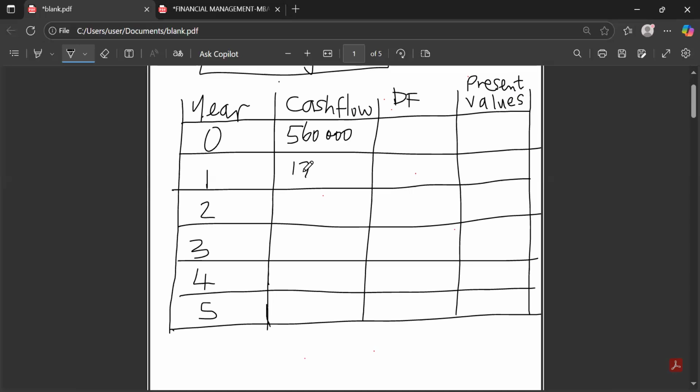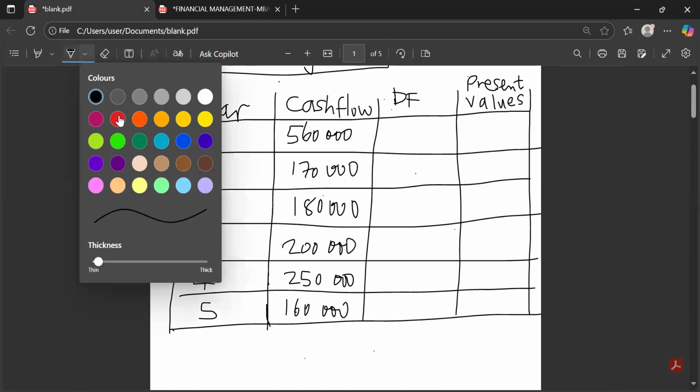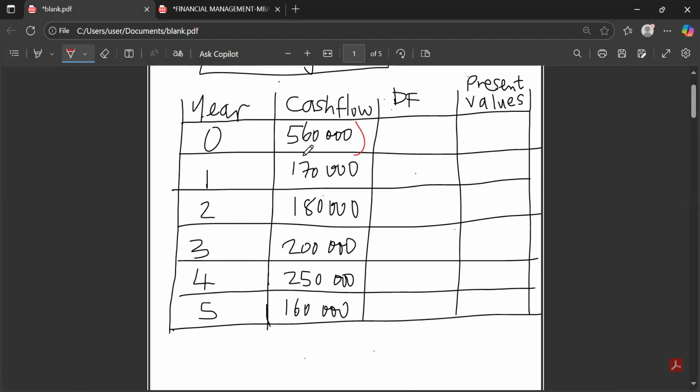Then 170,000, 180,000, 200,000, 250,000, and 160,000. Okay, so this was in red.